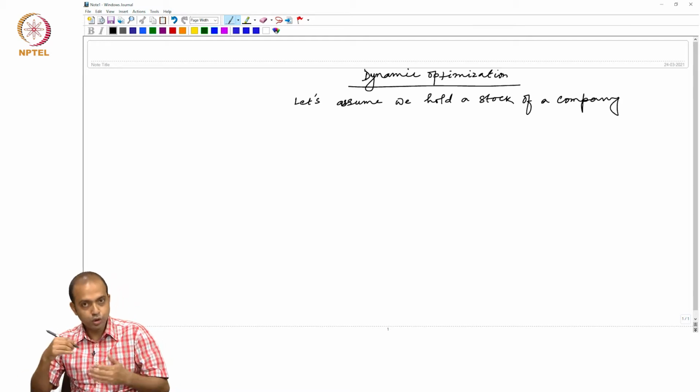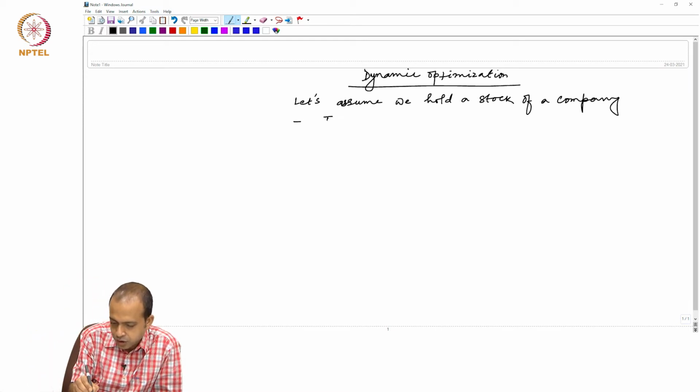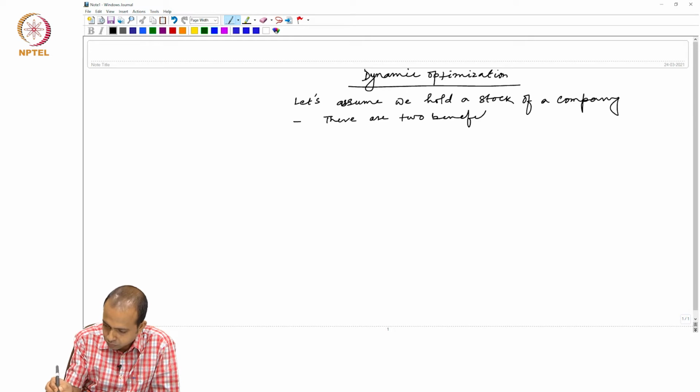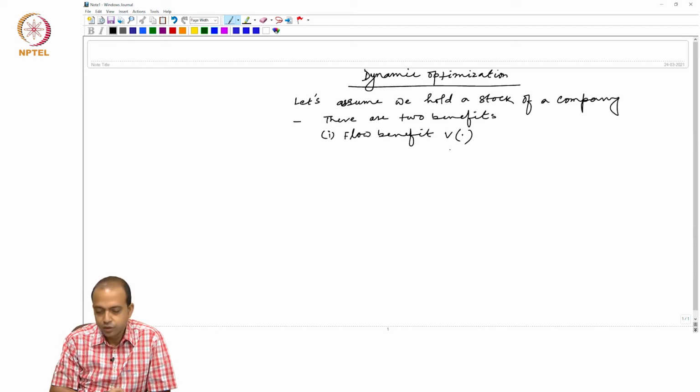If we hold the stock of a company, then there are two benefits. What are those? Number one, flow benefit, and this flow benefit is actually given by that V function.